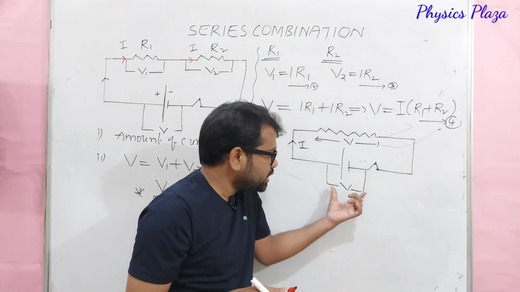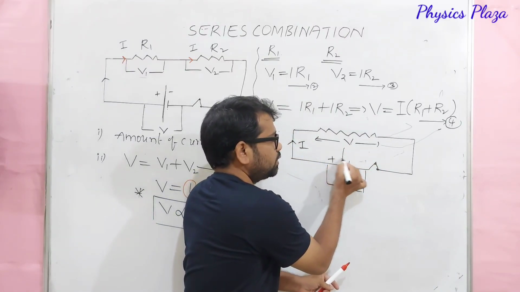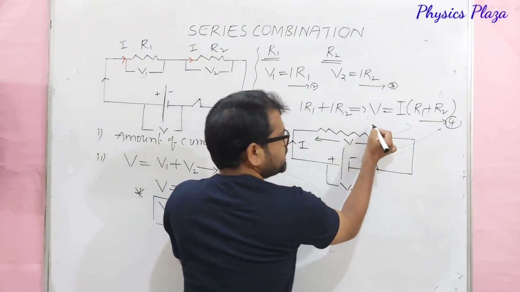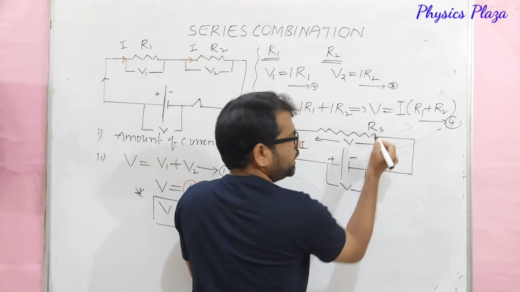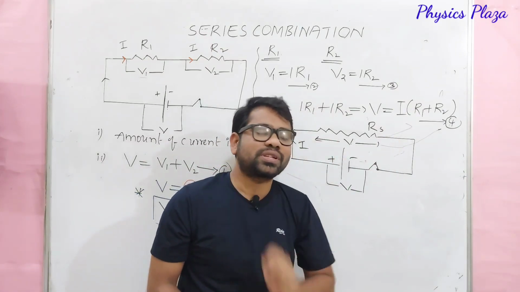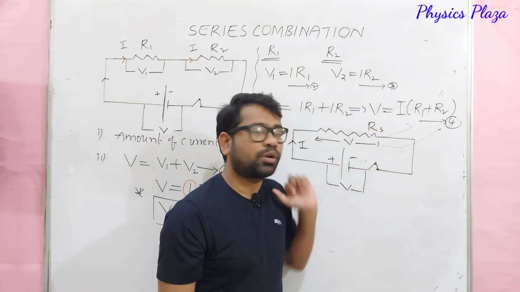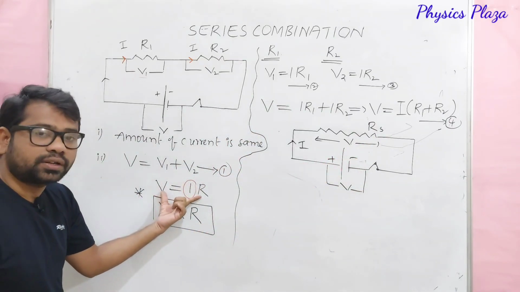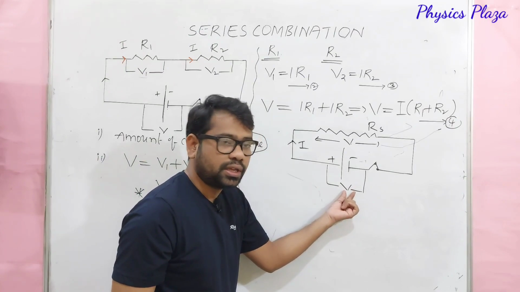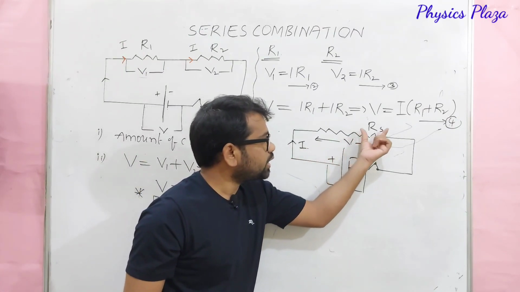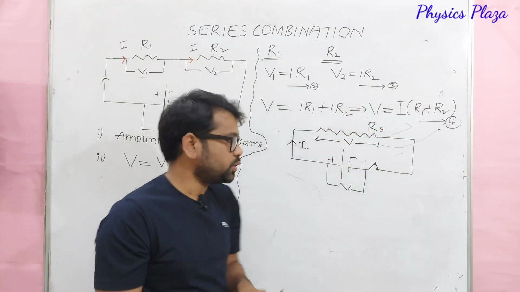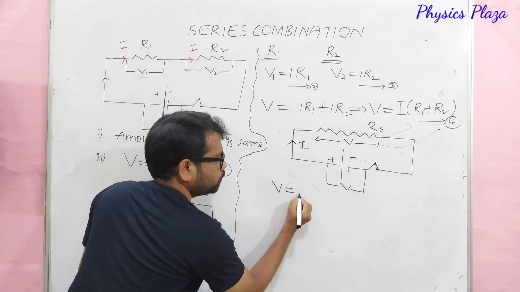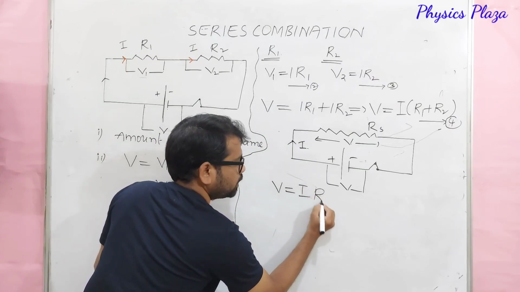Whatever the potential difference is across the battery will be the same across this resistor also. Then let us say the resistance is RS, the effective resistance in a series combination we are talking about. Now for this circuit, apply Ohm's law. V is equal to IR. In the place of V, V only, I only. In the place of R, we should take RS. So if you write Ohm's law, V is equal to IRS.